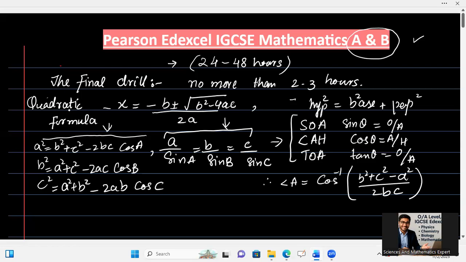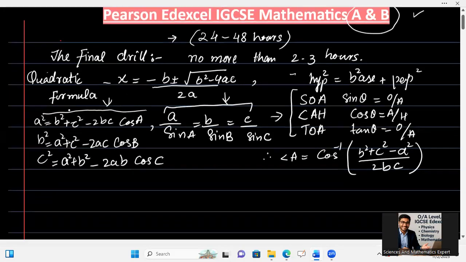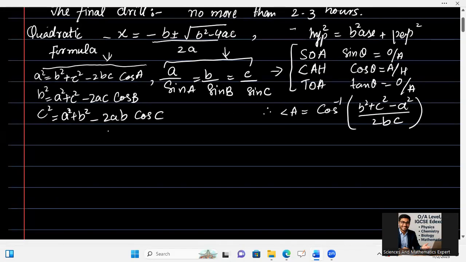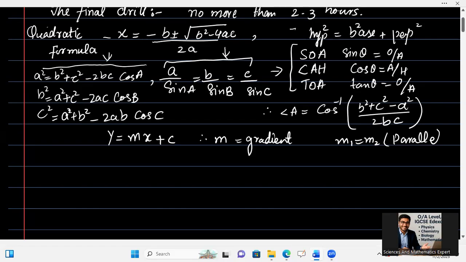After that, you must know the gradient of a line, where y is equal to mx plus c, and m is the gradient. If two gradients are equal, then the lines are parallel.